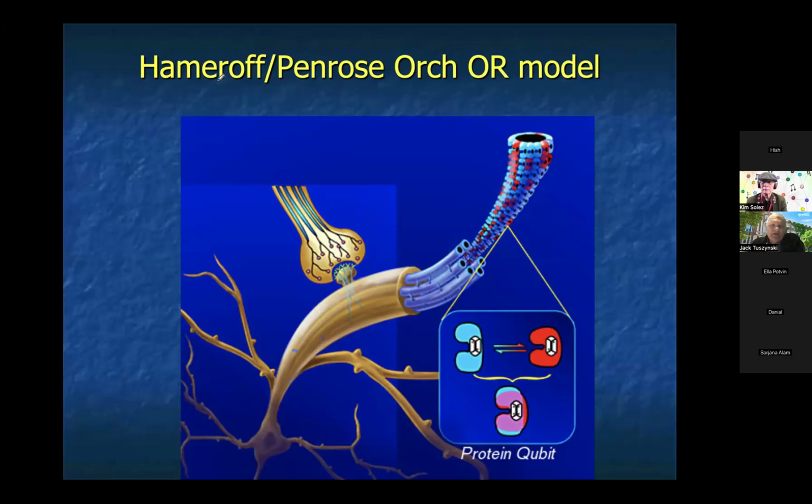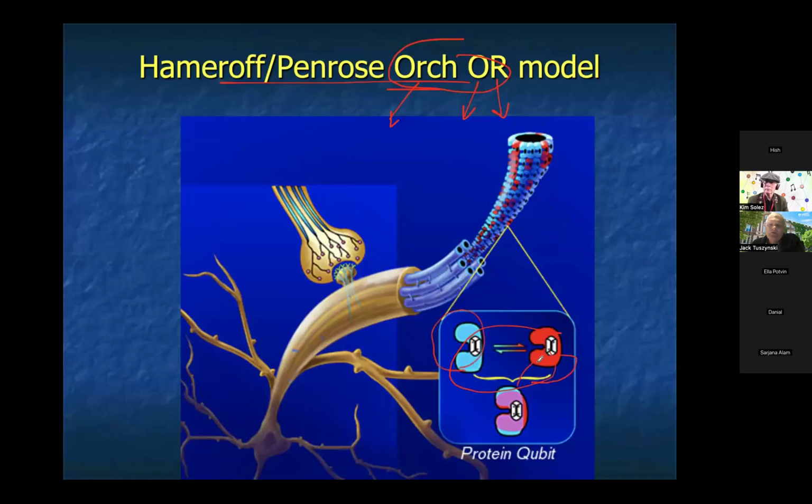So in this Hameroff-Penrose model, which is called Orch-OR, or orchestrated objective reduction, orchestrated means that all these tubulin units are seen as qubits in the language of quantum computing.